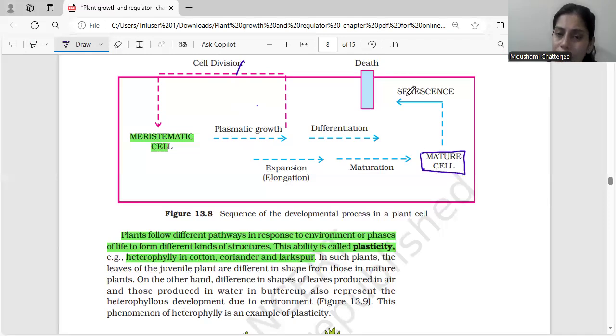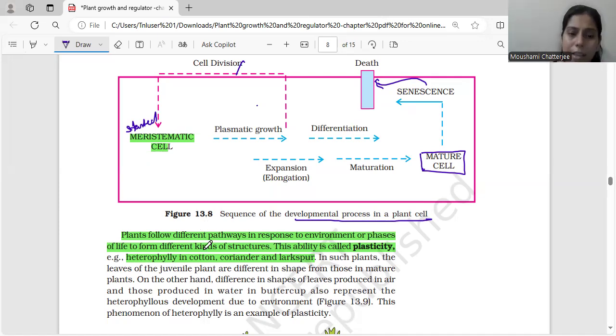This mature cell will also undergo senescence, and after a certain time period, you will see that it will undergo death as well. So this is the sequence of developmental processes in a plant. Can you see how the developmental process has started off from here, which is meristematic tissue, and ends up at senescence, which could be your permanent tissue?